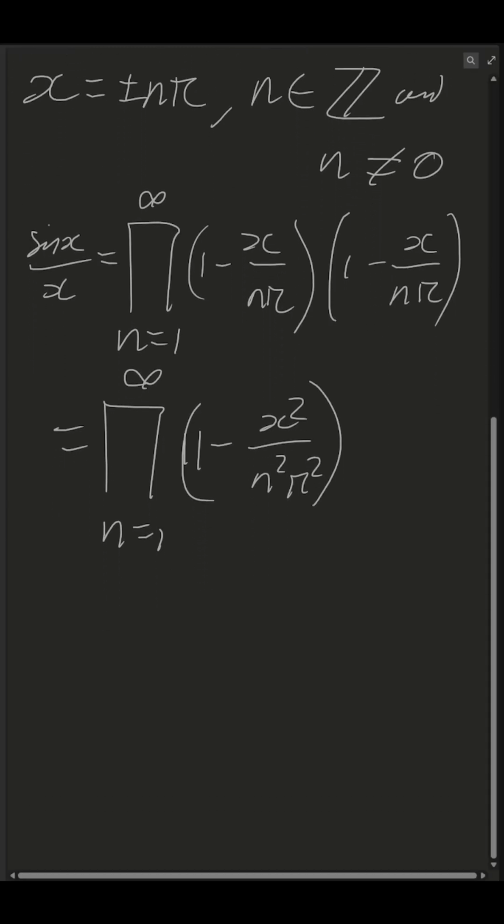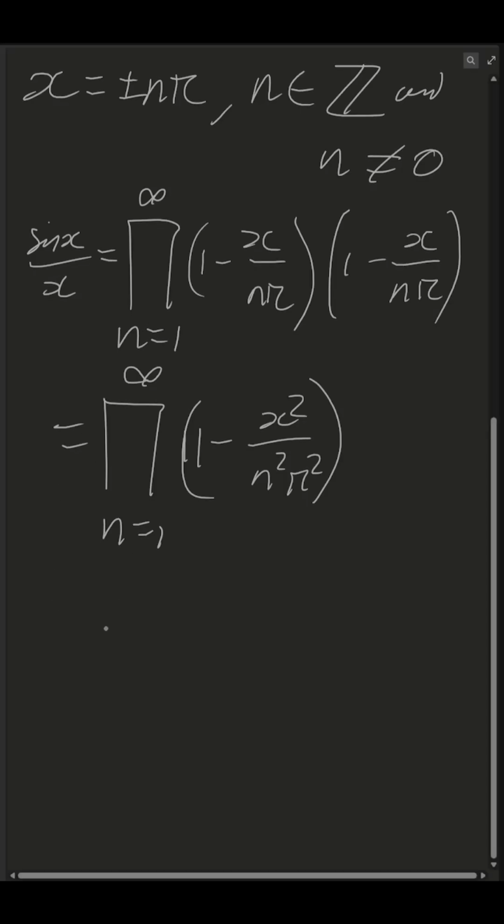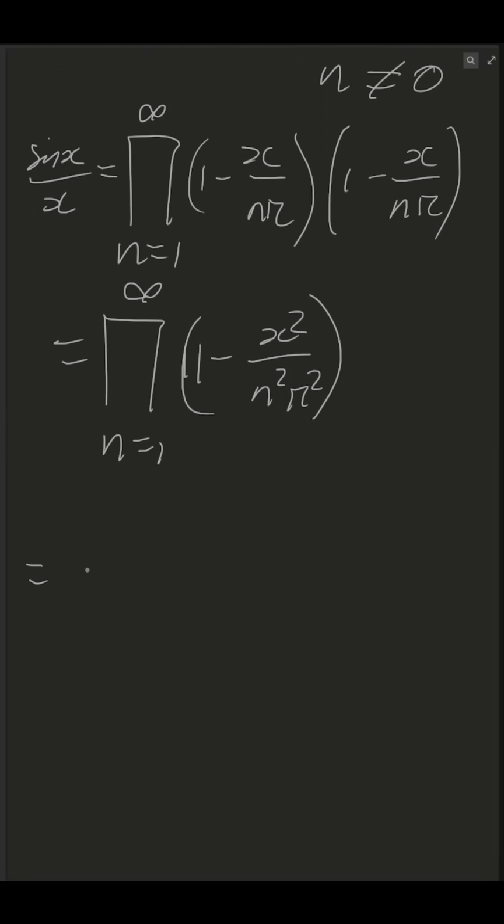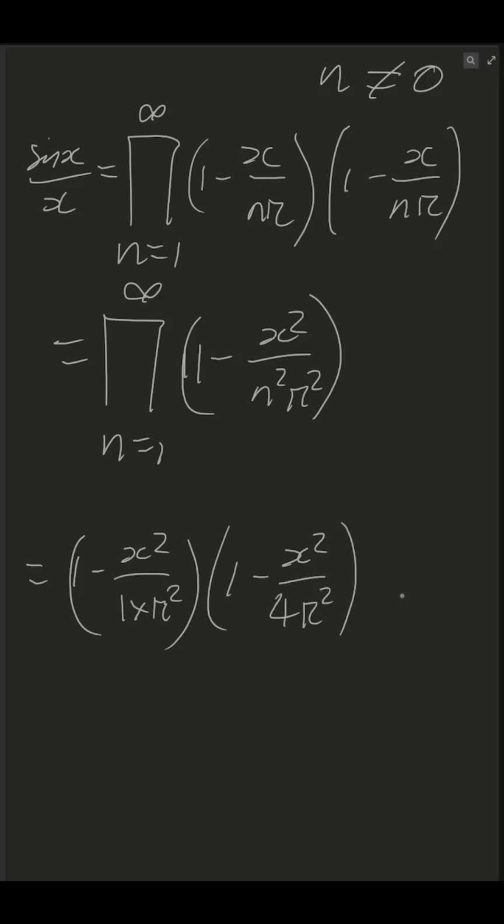If we were to expand the first few terms of this, it is 1 minus x squared over 1 times pi squared, times 1 minus x squared over 4 times pi squared, and then 1 minus x squared over 9 times pi squared. And you can see how this gets very big very quickly.